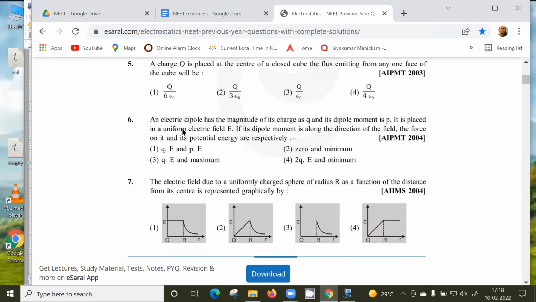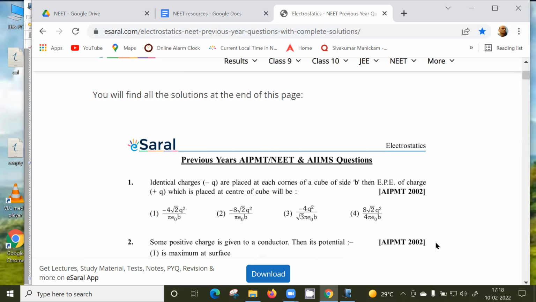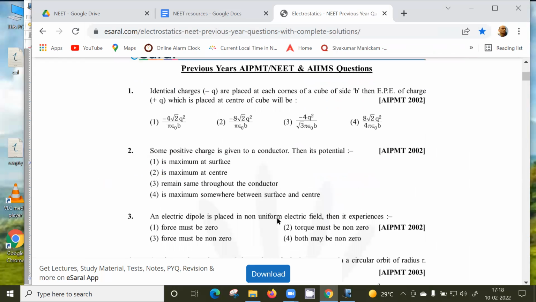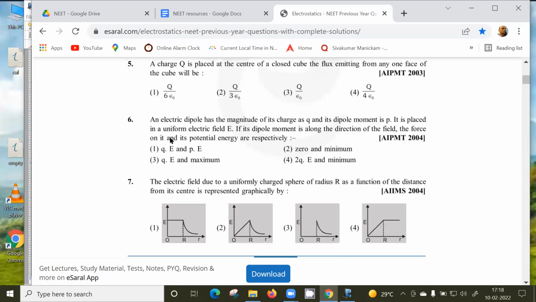So these sort of problems you should be able to solve. Just click this electrostatics, you get problems here. So try these problems. If you're not getting it, you let me know. These things you should be able to solve.